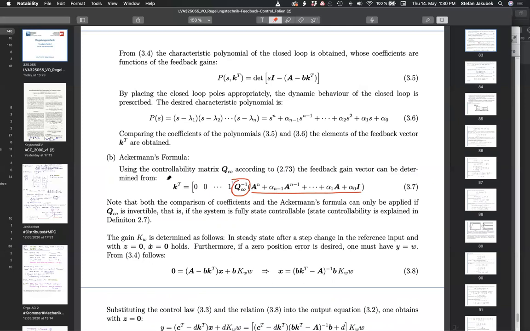So we're probably not going to ask you what the Ackermann formula is and that you have to know it by heart, but it's better to understand that if the controllability matrix is not invertible, which means the system is not controllable, then you're not able to apply it. You see?